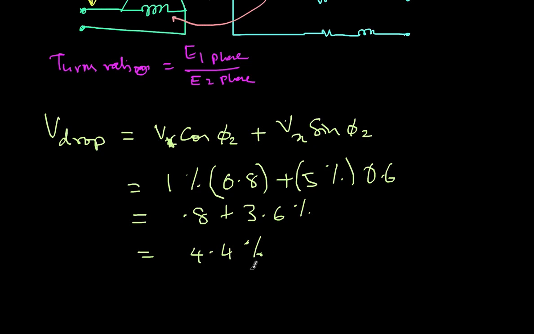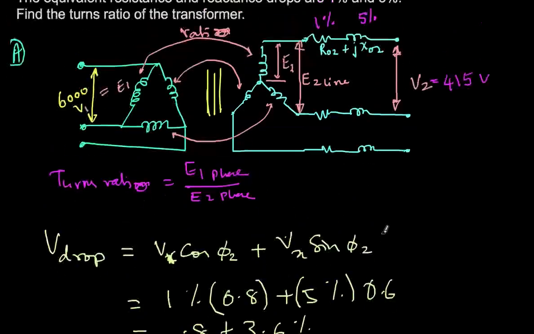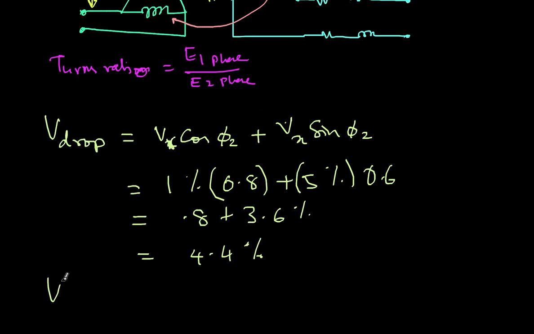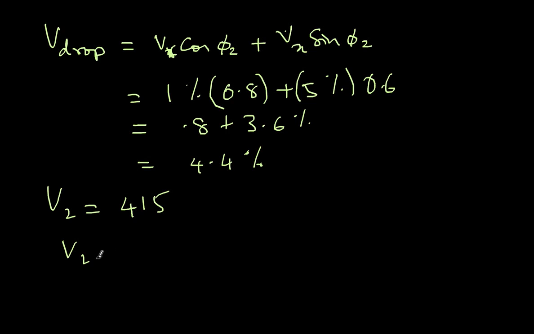Now this 4.4% of what? The line voltage V2 is 415. So V2 phase voltage will be 415 by root 3.